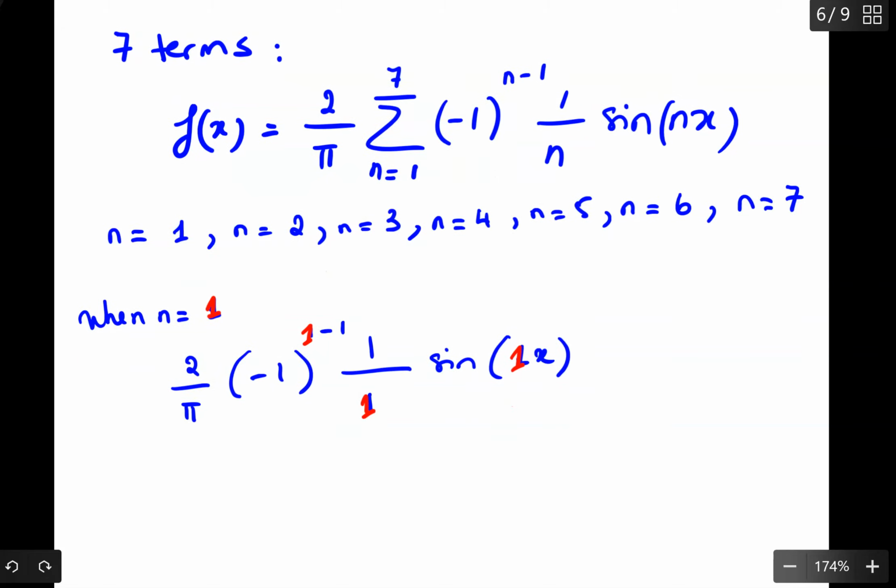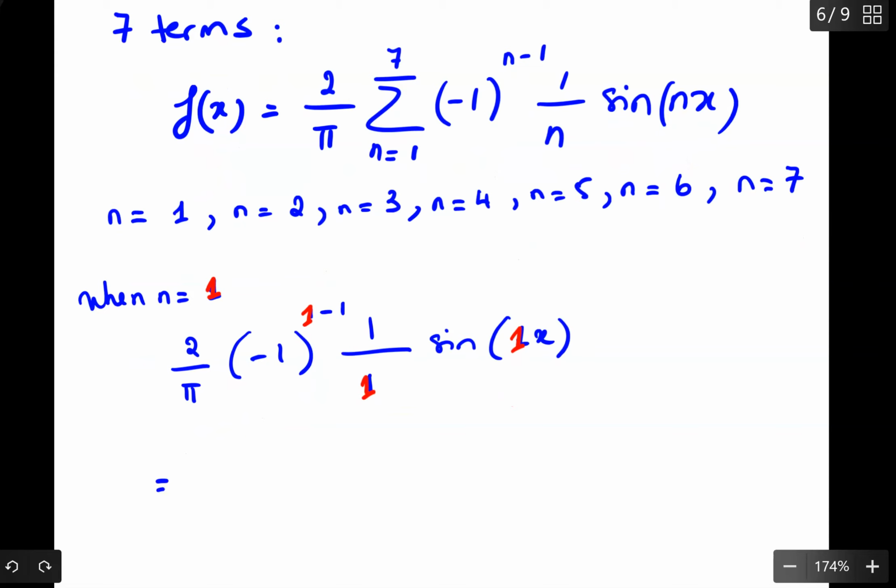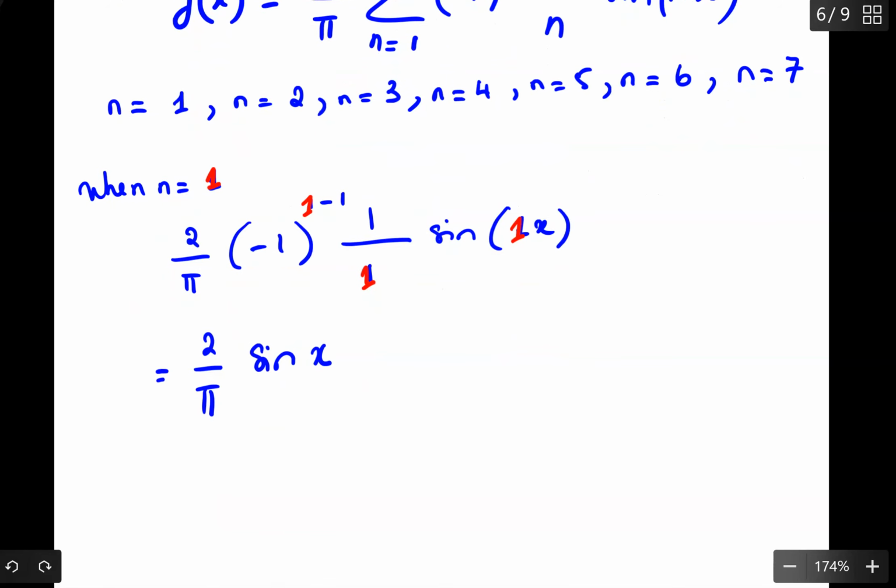So let's see what we have. Minus 1 to the exponent 0 is equal to 1. So I will have 2 over pi, 1 times 1 is 1, so I should have 2 over pi times sine of x, given n equal to 1.